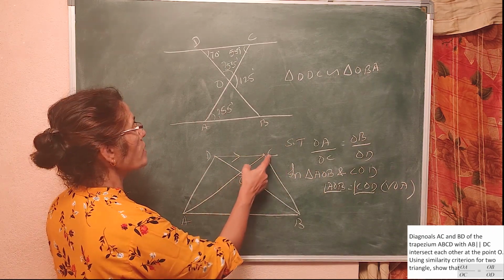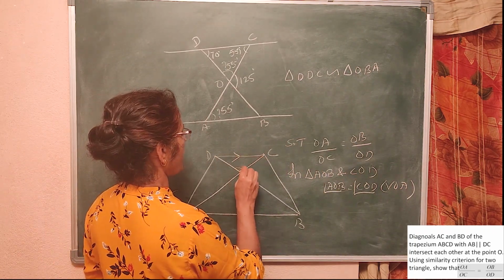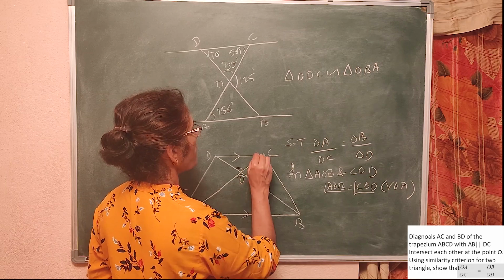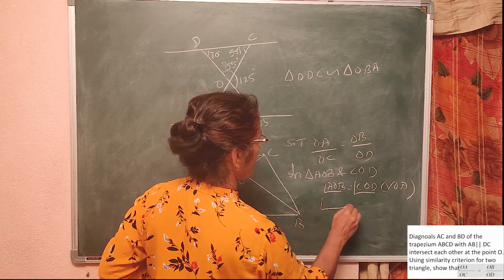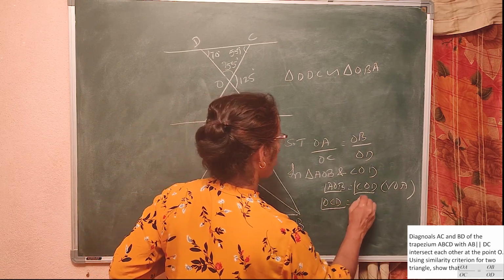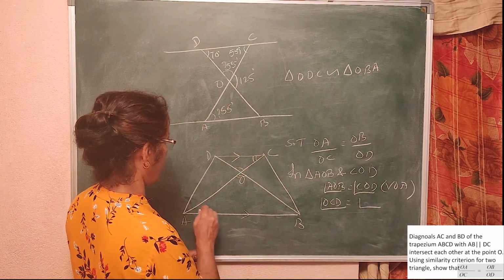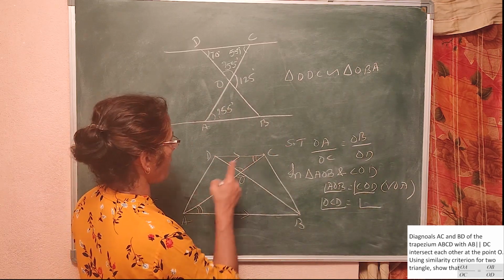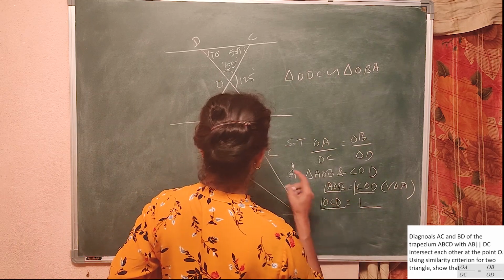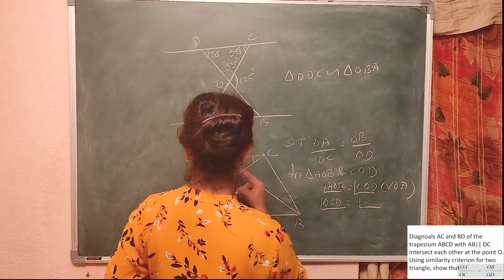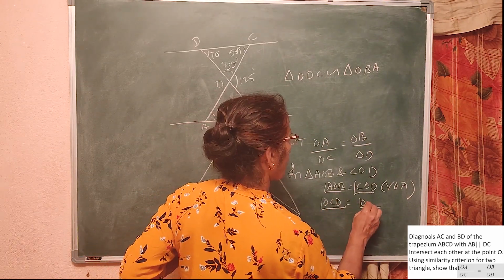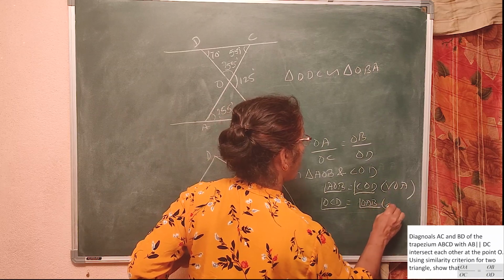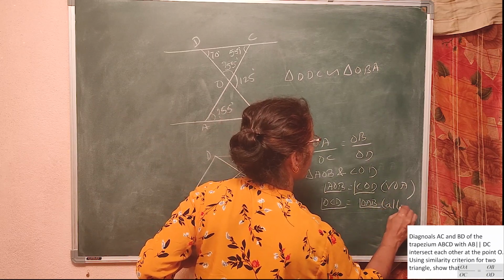Angle OCD is equal to angle OAB. Why? AB is parallel to CD. Angle OCD is equal to angle OAB. What type of angles? Alternate angles.